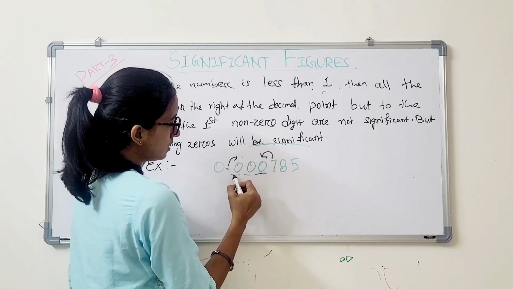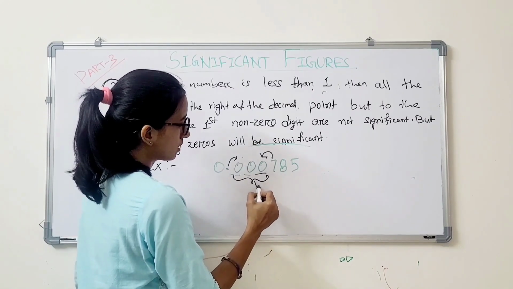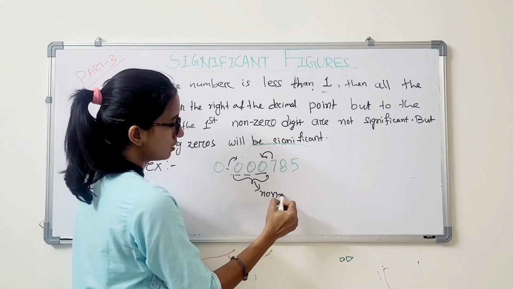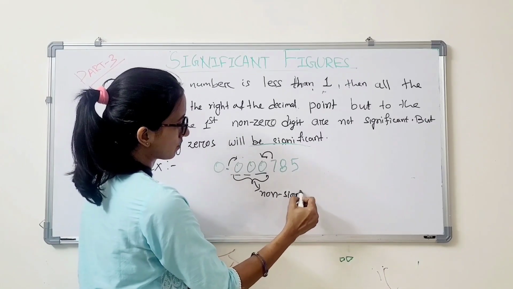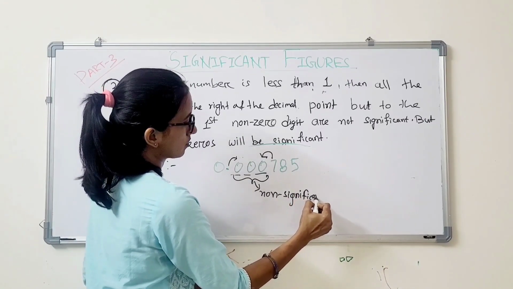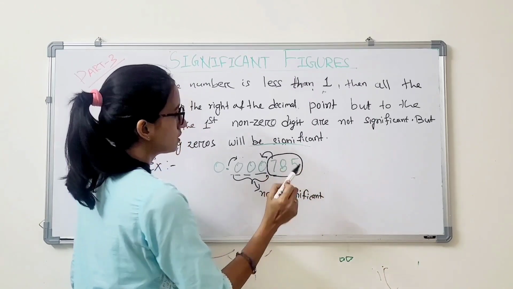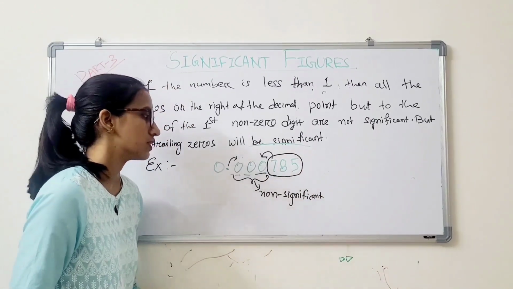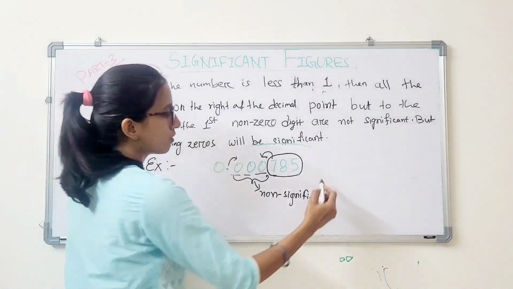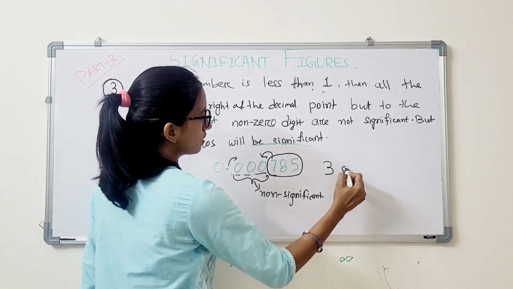So these 3 zeros will be considered as non-significant. So how many significant digits will be there? Only these 3 digits are considered as significant. So there are only 3 significant figures.